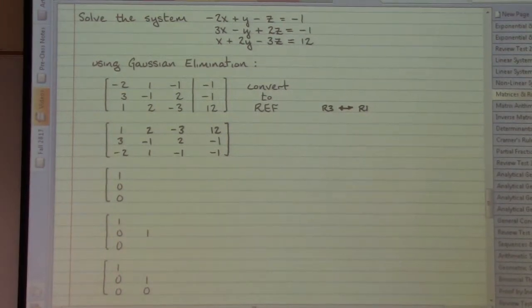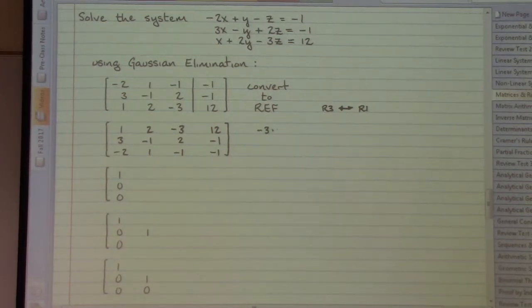I am going to do negative 3 times row 1 plus row 2 to give me a new row 2. So let's go ahead and do that. Negative 3 times 1 plus 3 is 0. Negative 3 times 2 plus negative 1 is negative 7.